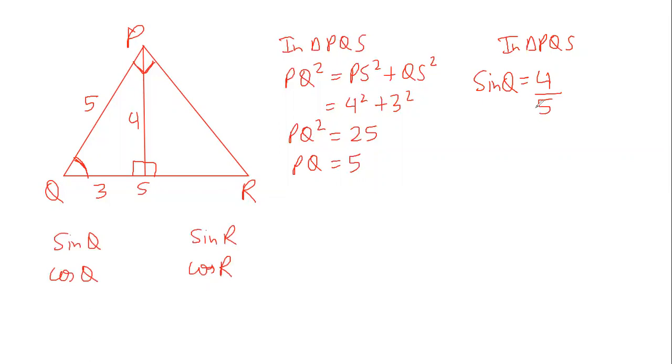So sine Q will definitely be 4 by 5. Similarly, if I go for cos of Q, according to this angle Q, cos is always base over hypotenuse. So according to this angle Q, the base is 3 and the hypotenuse is 5. Now this was an easy part. So I got the value of sine Q, which is 4 by 5. I got the value of cos Q, which is 3 by 5.